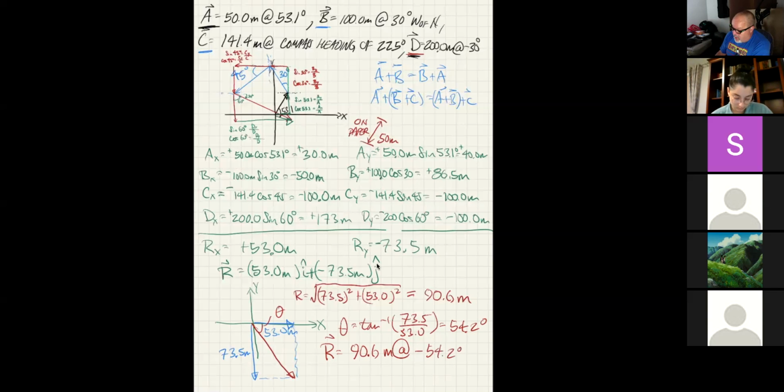Because it's measured clockwise from the positive x-axis, that makes it a negative angle. So either one of those is acceptable. So there's how you add a vector, or four vectors.